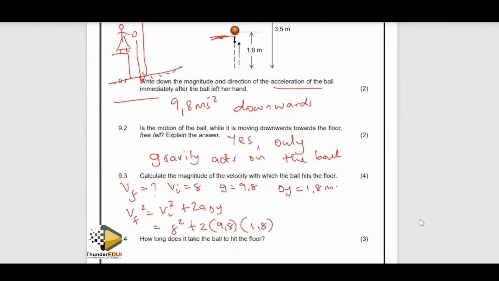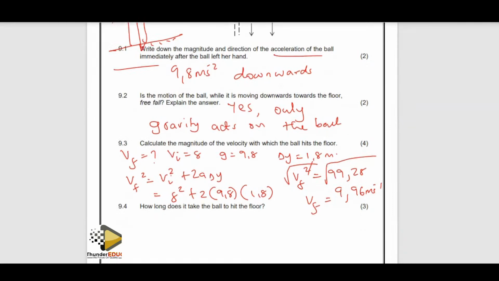So 8 squared plus 2 times 9.8 times 1.8 gives me 99.28. So VF squared is 99.28. Then I must find the square root, which is 9.96 meters per second. So that is the final velocity when the ball strikes the ground.